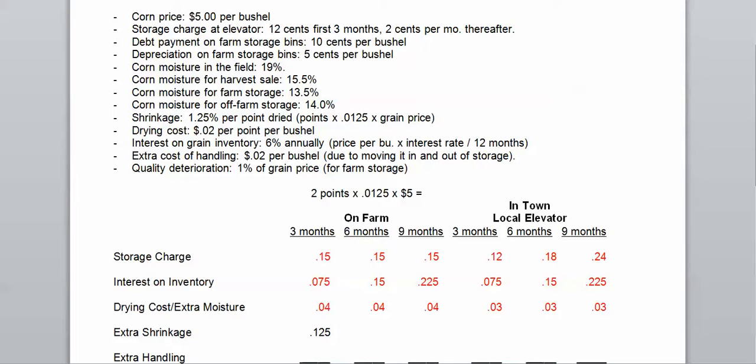So 12.5 cents is the extra shrink, a lot more than I bet you thought it was going to be. 12.5 cents of moisture that we could have sold as corn.